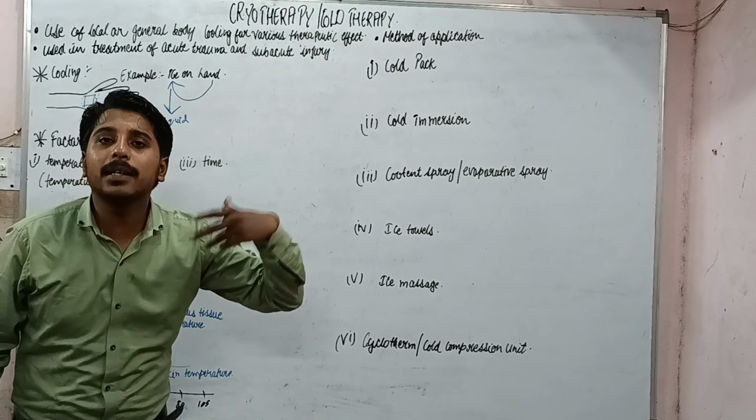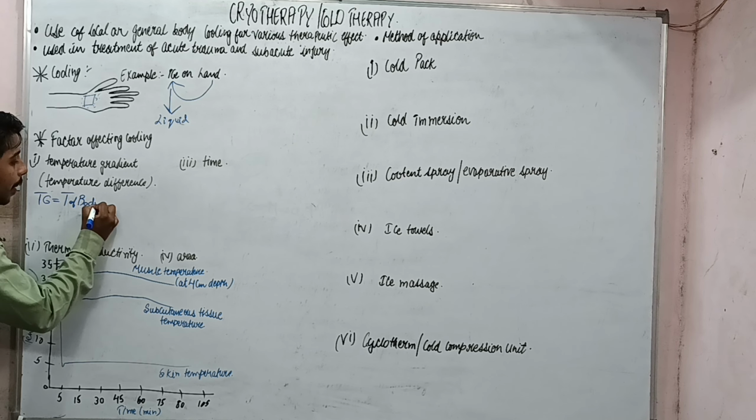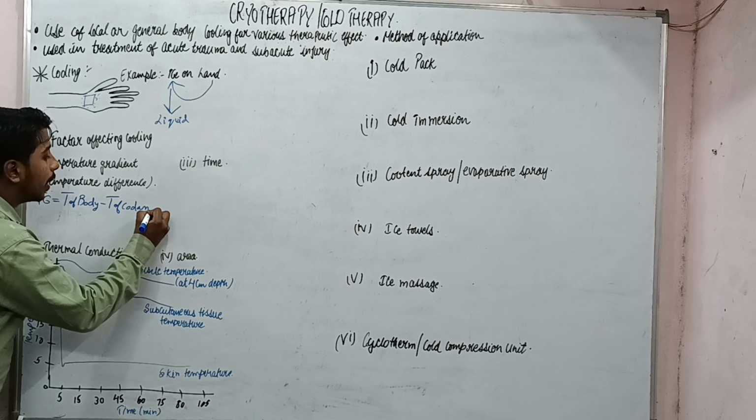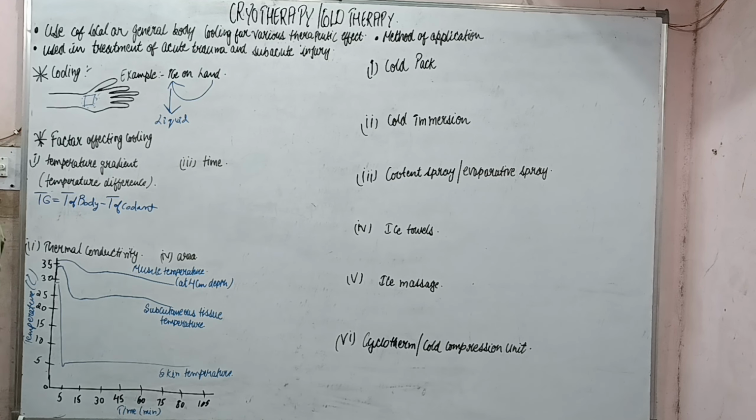Temperature gradient is equal to the temperature of the body minus the temperature of the coolant, and the coolant can be different in different cases. Here the body temperature is constant, at 37 degrees Celsius.